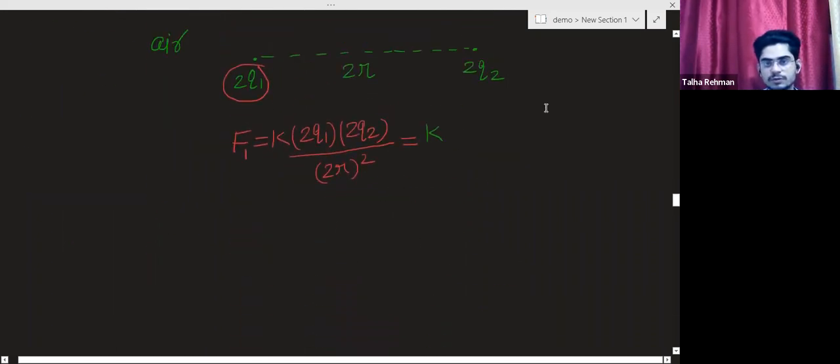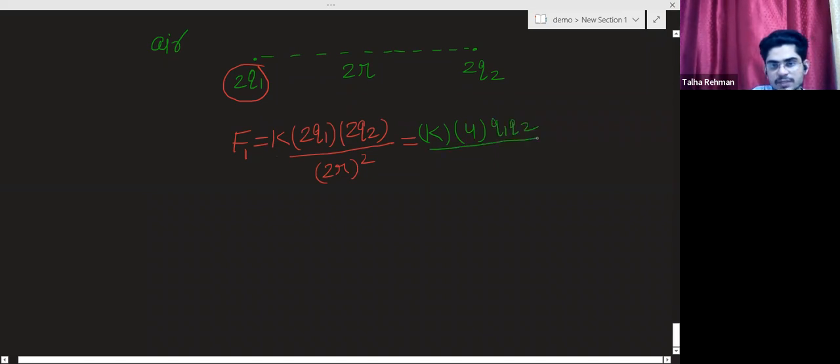So what will come here? 2 twos are 4, so K into 4 into Q1 Q2.